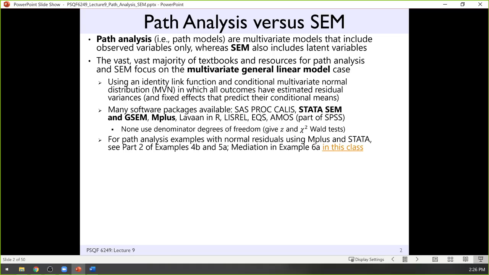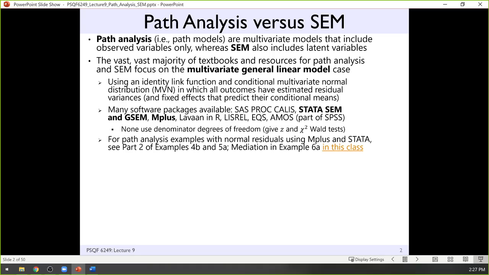There are a number of structural equation modeling books and path model books that say things like all variables are assumed to be normally distributed. They have to be. The reason they say that is because once upon a time, the only software that you could use to fit these models only had multivariate normal as an option. And so if you wanted to fit these models, you had to pretend everything was normal.